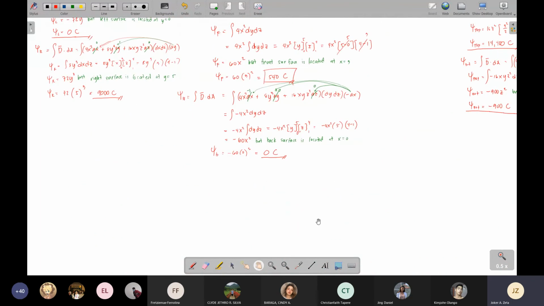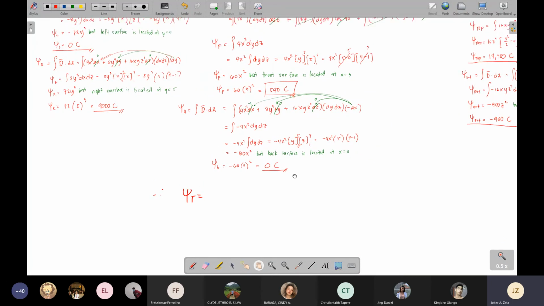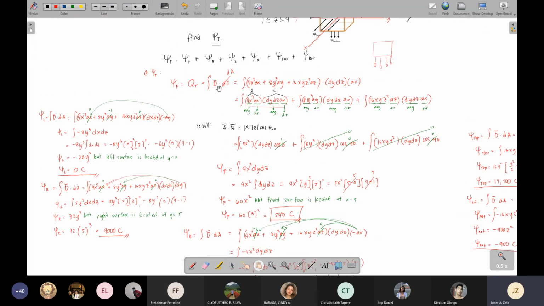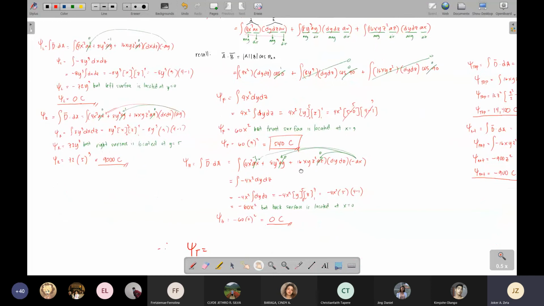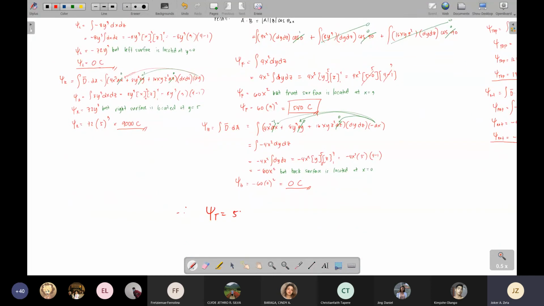Okay, therefore, flux total is equal to, take note, sum up sa tanan. Ang flux sa front, that is 540, plus ang flux sa back, 0. Flux sa left, 0. Flux sa right, 9,000.